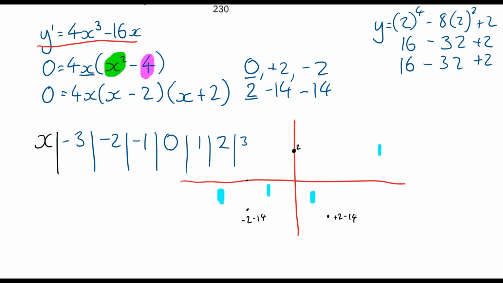A minus times a minus will make a plus, and the minus cubed will make a minus. So it's going to be 4 outside of -3 to the power of 3 minus 16 times -3.